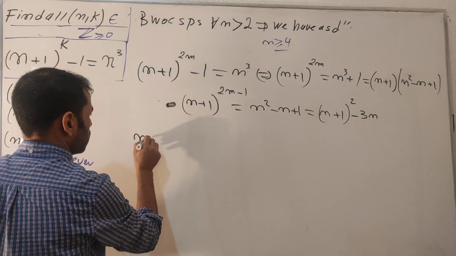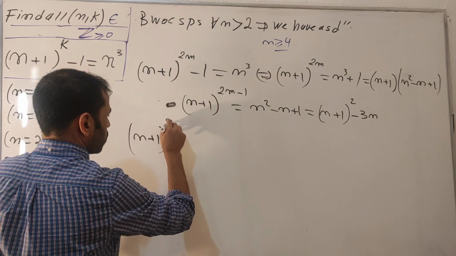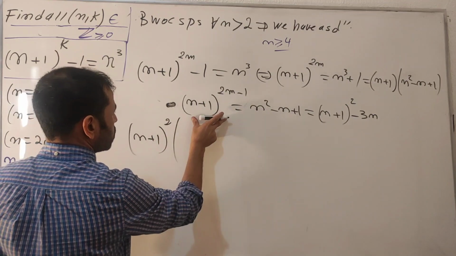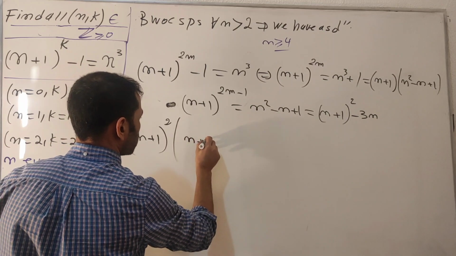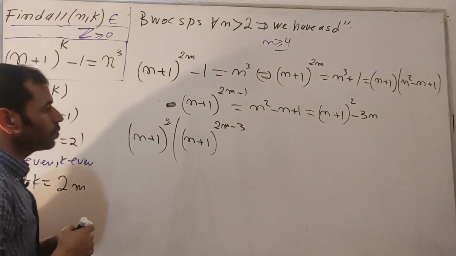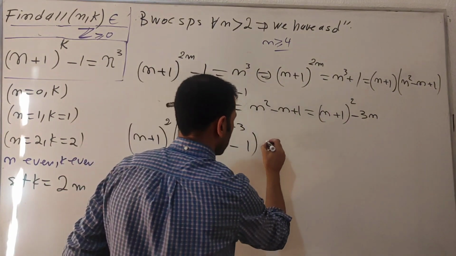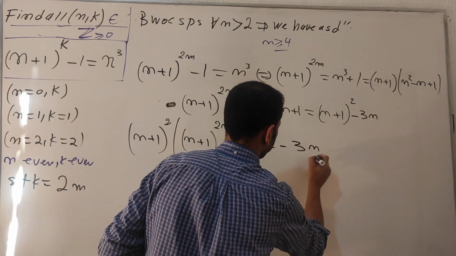So I get (n+1) squared multiplied by ((n+1)^(2m-3) minus 1), because I already moved this one to the left, which equals negative 3n, okay?